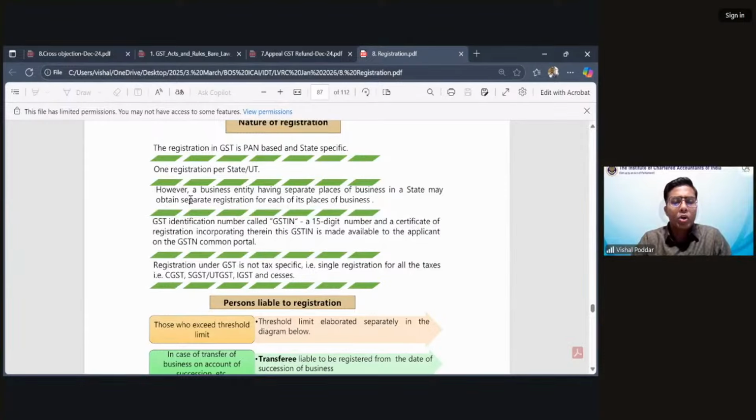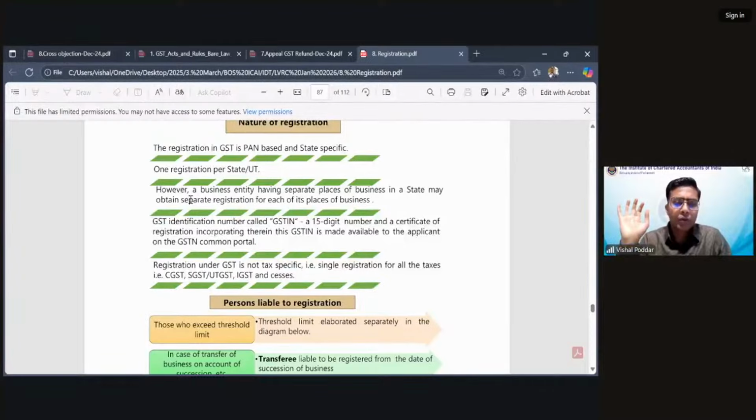Do I need to take registration in all those states where I am making a supply? The answer is no. You need not take registration at all those places where you are making a supply. So place of supply is not the place of registration.